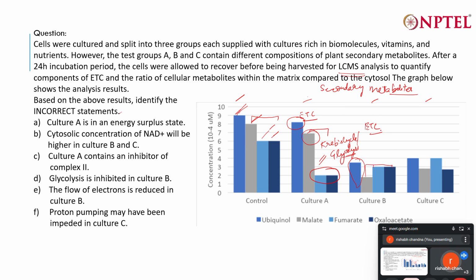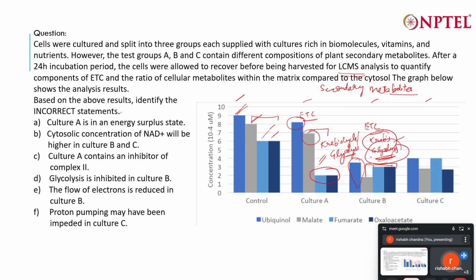So here, glycolysis we can actually neglect for now, because we will not be able to see any of the parts that is actually linked to glycolysis. But yes, indirectly we can say that if glycolysis is inhibited, the Krebs cycle will also get inhibited.